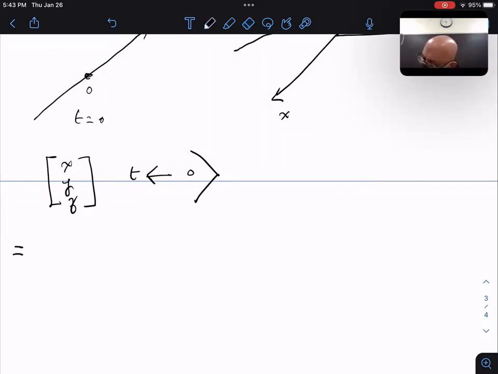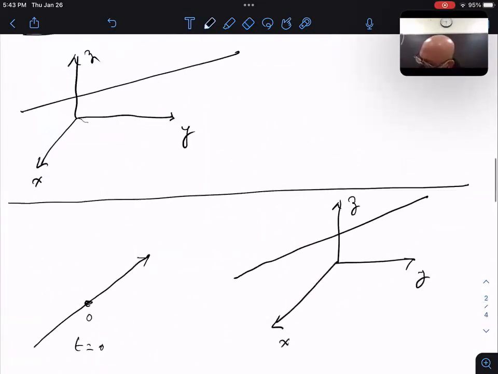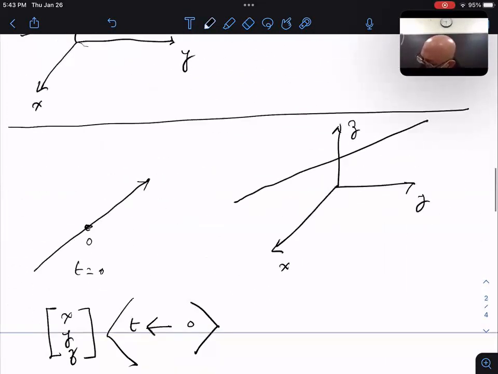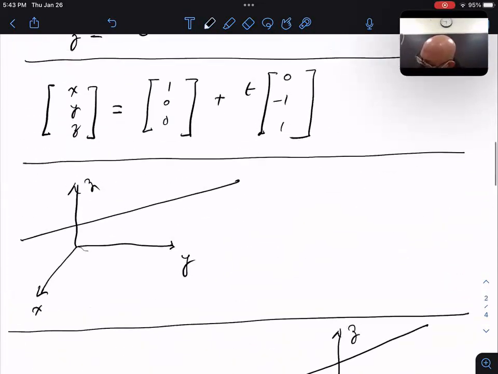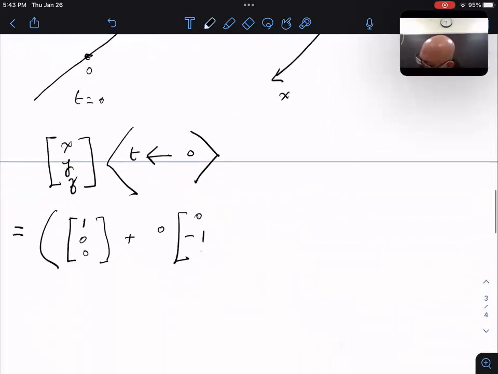Just a moment. Yes, (x, y, z) is equal to (1, 0, 0) plus 0 times (0, -1, 1), which is of course equal to (1, 0, 0).